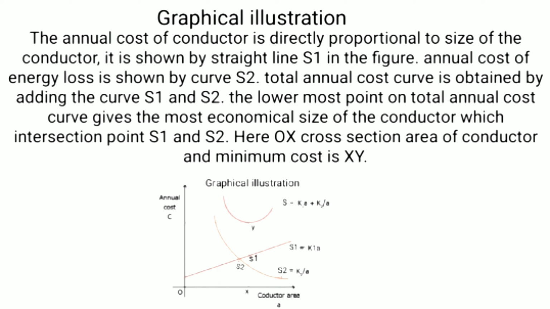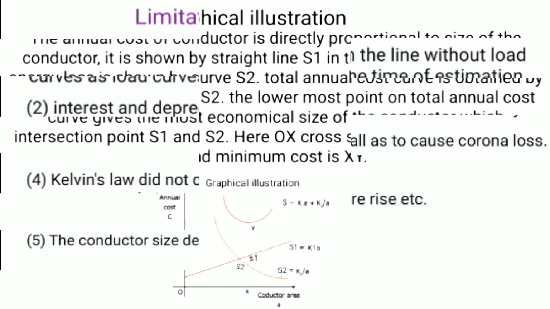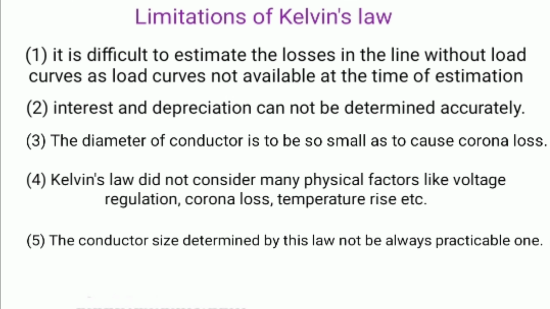Students, next we will move on to the next point, limitations of Kelvin's law. First, it is difficult to estimate the losses in a line without load curves, as load curves are not available at the time of estimation. Second, interest and depreciation cannot be determined accurately.